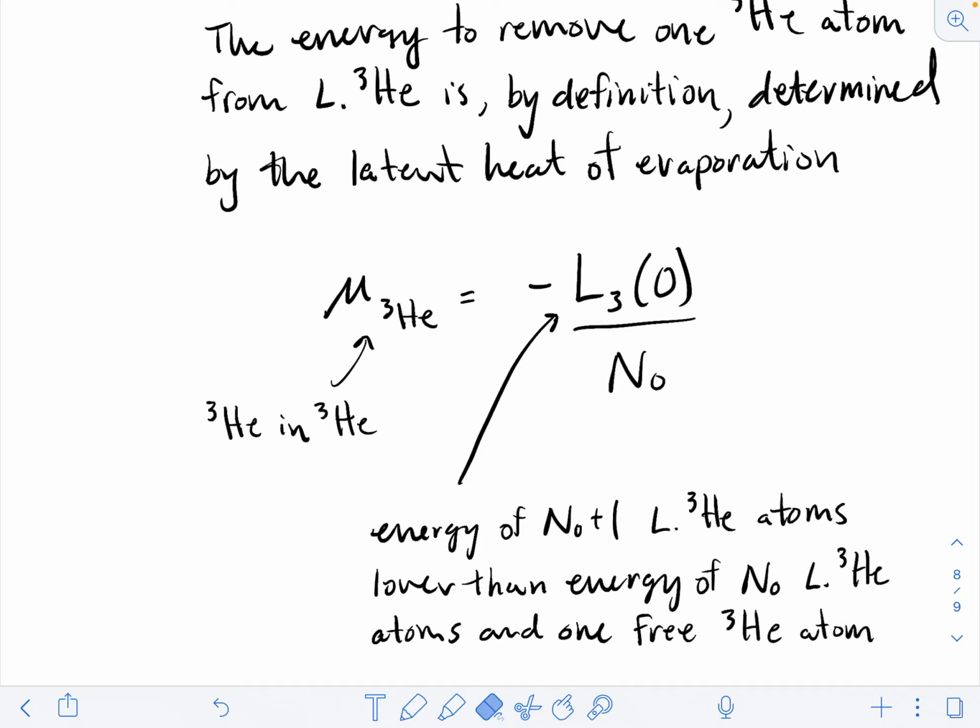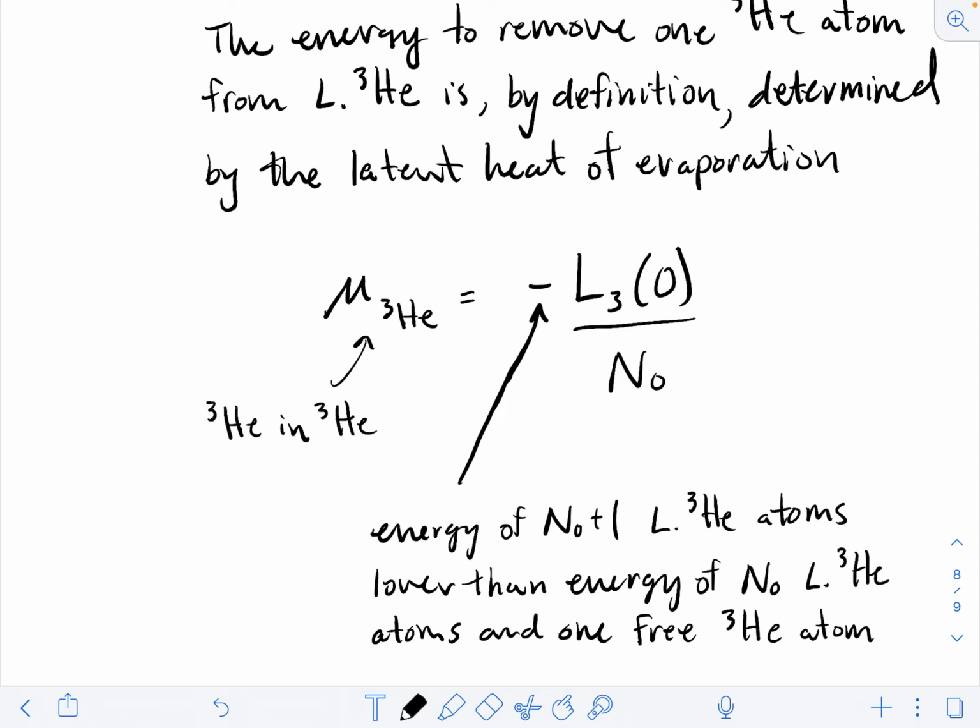So actually what I really should be doing is, this note refers to the negative sign. So if we had N plus 1 helium-3 atoms, and we put N of them into the liquid and then had just one isolated, that's a higher total energy than having all N plus 1 as part of the liquid.